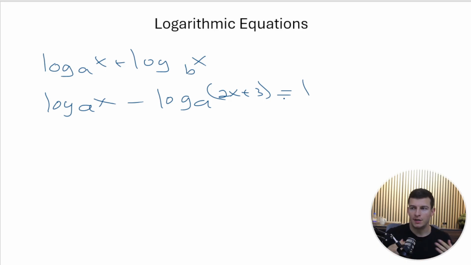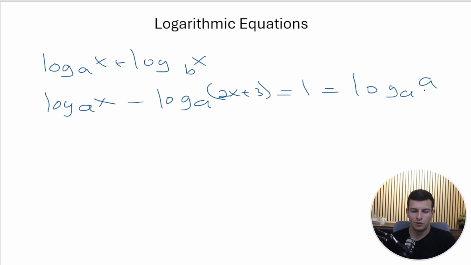This is very nice because the bases are the same on the left side, and 1 is not a logarithmic expression, but it can also be written as log base a of a, so that everything has the same structure. You can think of it as like a common denominator for fractions. I talked about that as well in the previous videos. Okay, bringing into the same base, then all the logarithmic rules will apply.